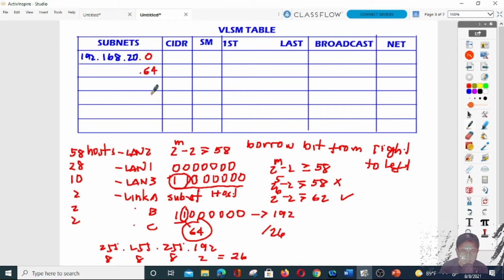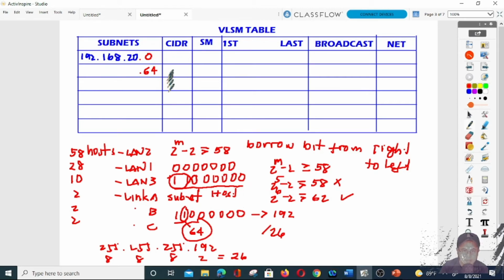Now, what will be the CIDR of this? We should always start with the first subnet, that is .0, the original.